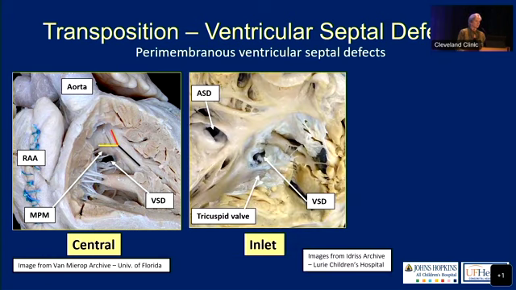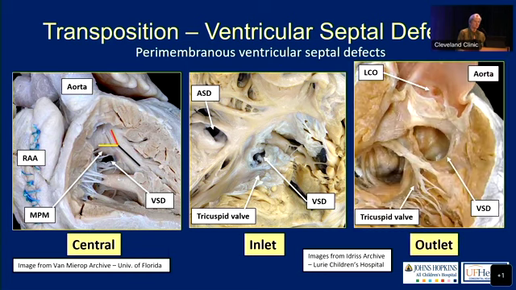The inlet ventricular septal defects that extend to become perimembranous, again, are behind the septal leaflet of the tricuspid valve. With these defects, you need to consider straddling and overriding of the tricuspid valve. We'll also talk about the position of the conduction axis in a bit relative to the inlet defects.